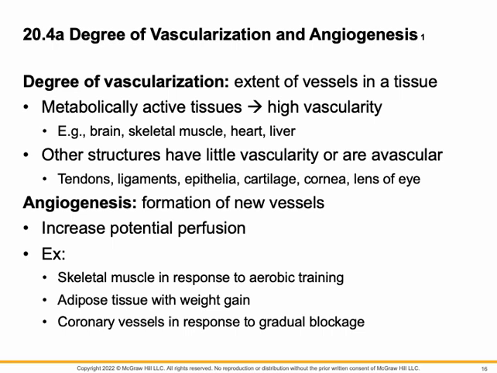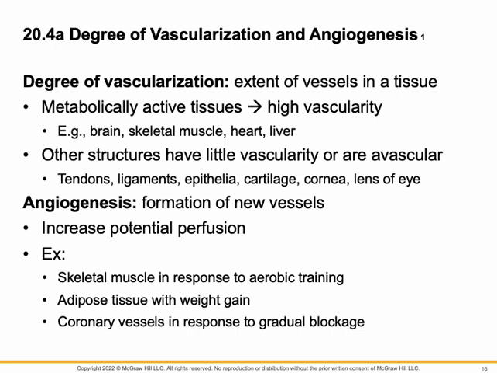And so this can occur in endurance training, right? So individuals who do endurance sports, so long distance running, cycling, swimming, triathlons, things like this, they can have this adaptation in the cardiovascular system in the way of making new blood vessels to supply more blood to those tissues, so there's more oxygen delivery, more ATP production, more endurance, right?